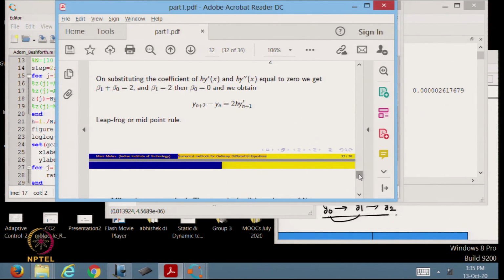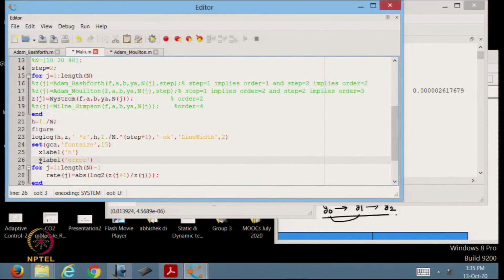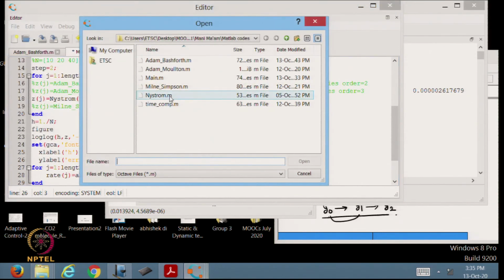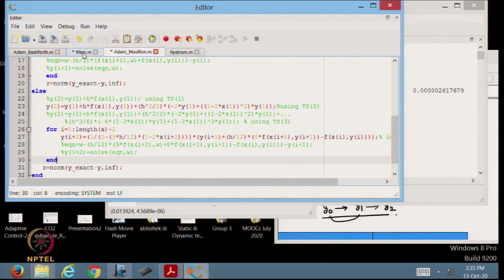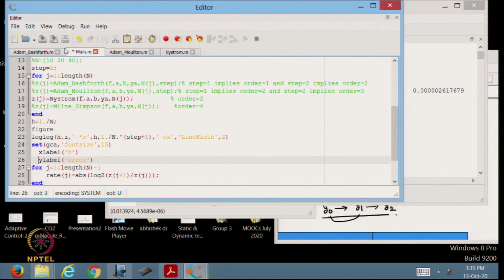If you wanted to see higher order methods under this category, you can again modify these codes and implement them yourself. For that reason, let me also open the M file corresponding to the Nystrom method which we have made. Because in this case I am implementing just one difference scheme, we are not taking step as an argument, as we are not working with different steps.